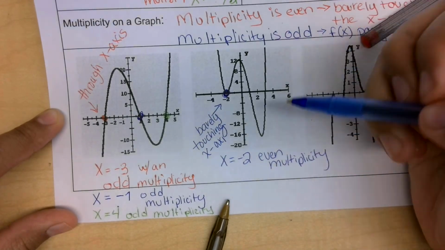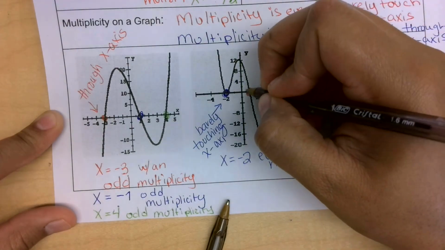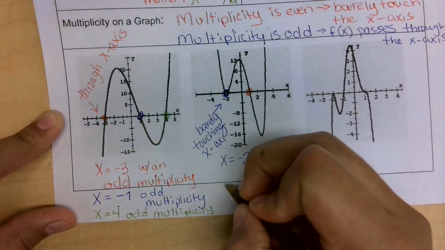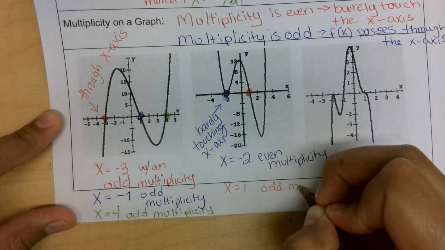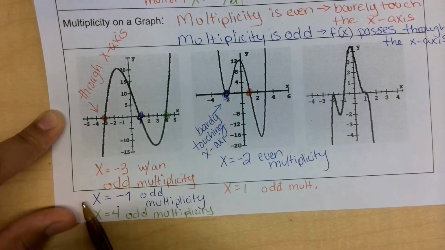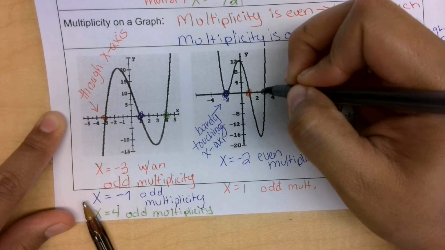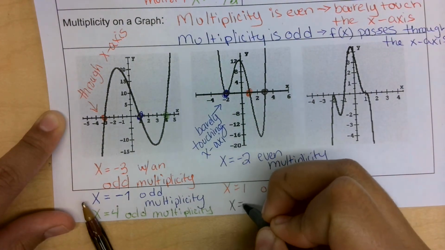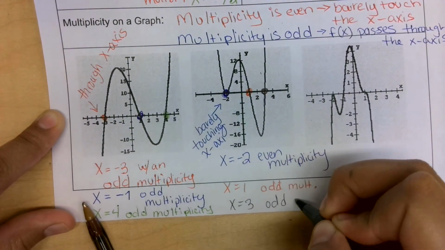Okay, so that -2 would have an even multiplicity because it barely touches. But yet, right here, when we get to the 1, where x equals 1, that would be an odd multiplicity, and that's all we know. And then when we go to the 3, that's x equals 3 is a 0, and it passes through it, so that's an odd multiplicity as well.